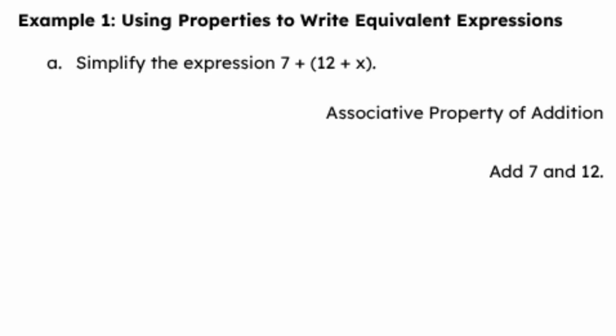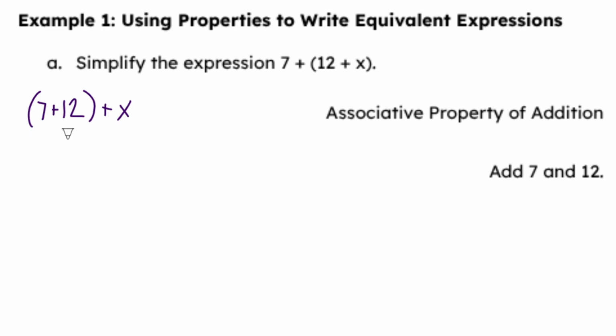Okay, so here's an example. We're going to simplify the expression 7 plus 12 plus x. So it's telling us to do 12 plus x first. But if I don't know what x is, I cannot add it. So I'm going to rewrite this using the associative property to say that I'm going to do 7 plus 12 first and then add x.